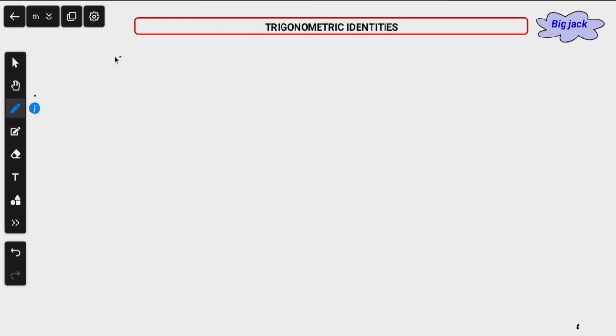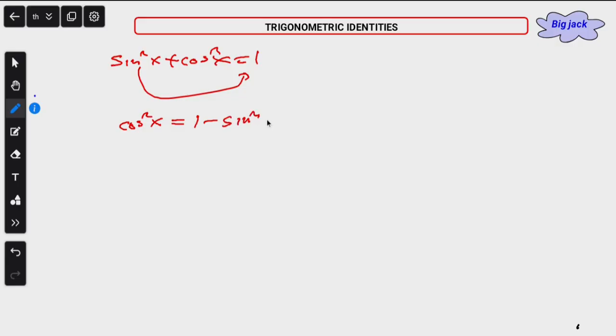If you want to find what cos squared x is, you can just take this one to the other side and then see what you're going to have. Cos squared x is going to be equal to 1 minus sine squared x.